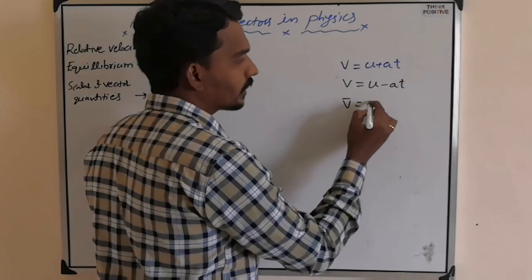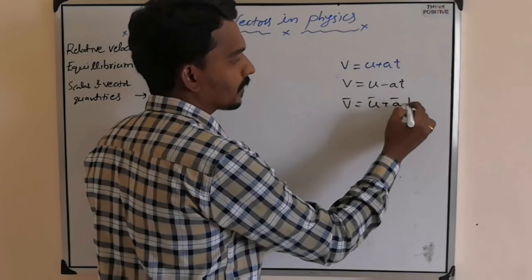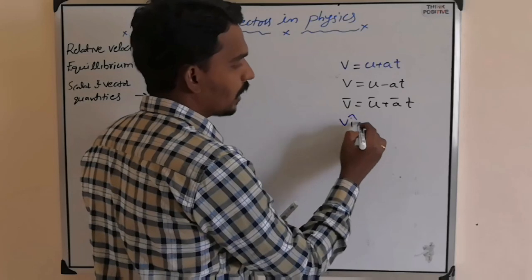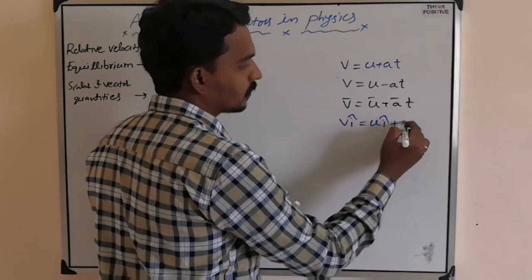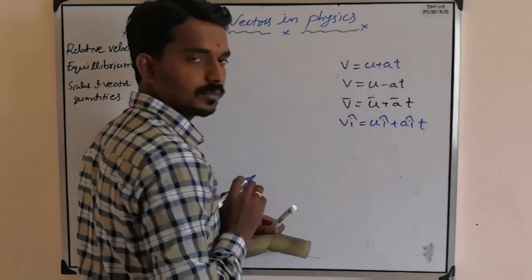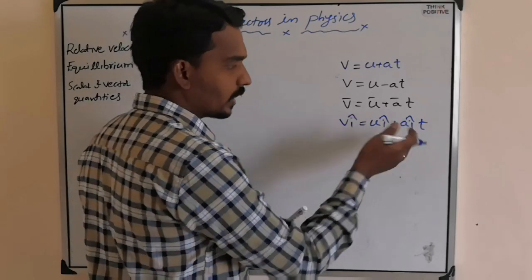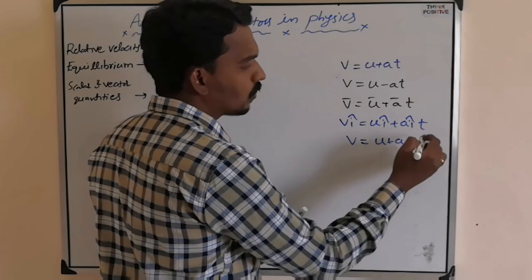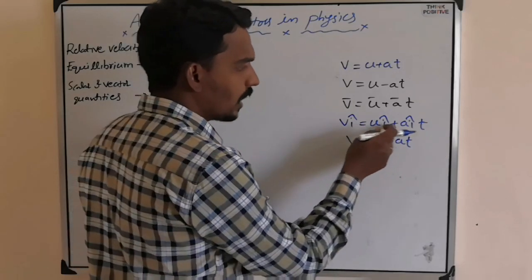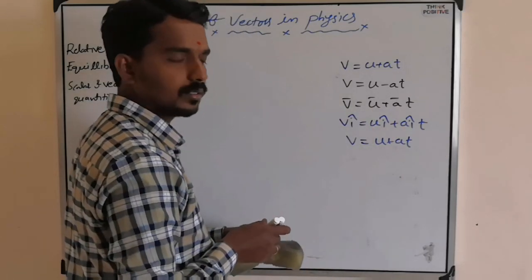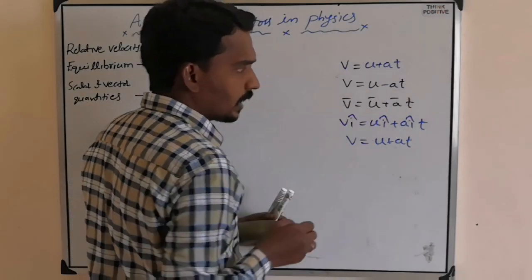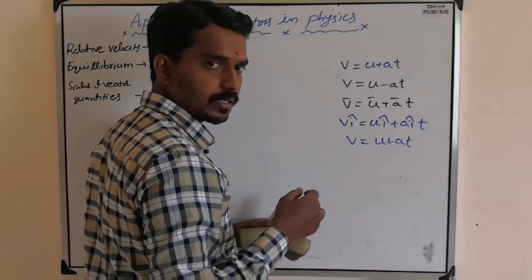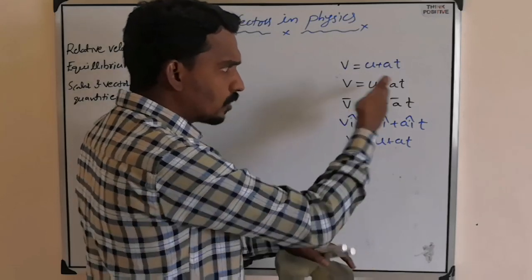So if you write in vector form, you may write I cap or J cap or K cap, so that you can write simply V equal to U plus AT, because the I cap you can remove. If you take this condition, V and U, initial and final velocity, are in the same direction, but acceleration is opposite.